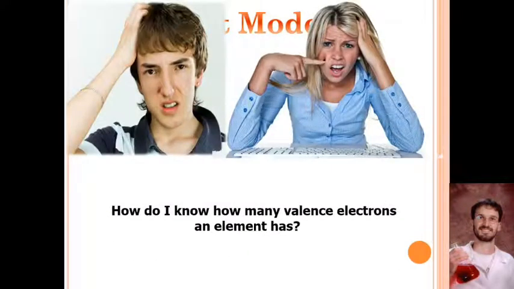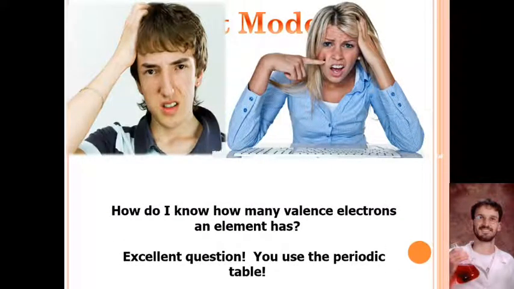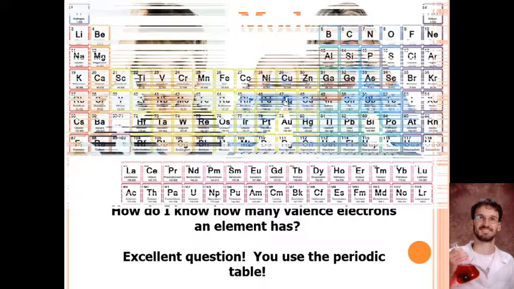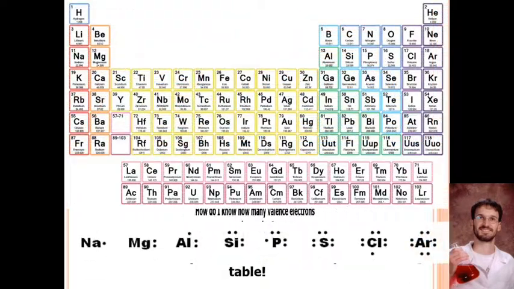Now you might say, how do I know how many valence electrons an element has? Well, that's what the periodic table is for. If you remember, it has to do with the location in the periodic table. So sodium is here, magnesium is here, aluminum is over here, silicon is next to it, and then phosphorus and sulfur and chlorine and argon.